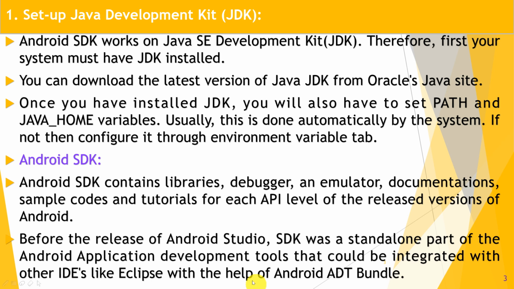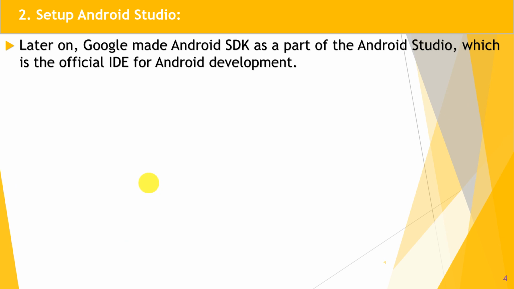But nowadays the Android SDK is not available as a standalone part, but as a part of Android Studio. Google made the Android SDK a part of Android Studio itself, which is the official IDE for Android development. So which one is the official IDE for developing Android applications? That is Android Studio.